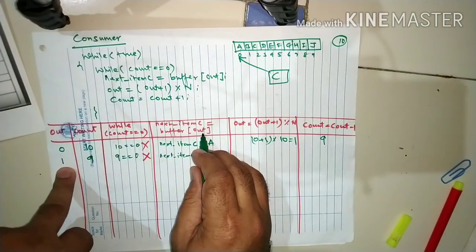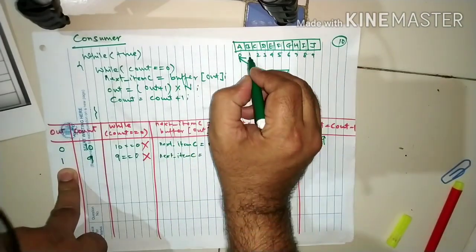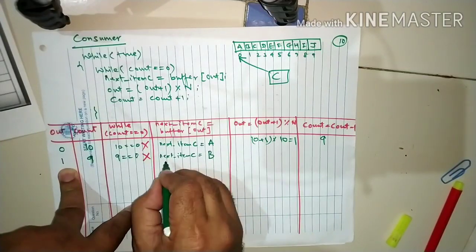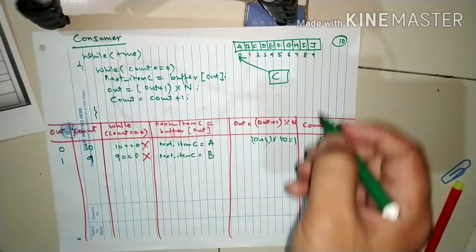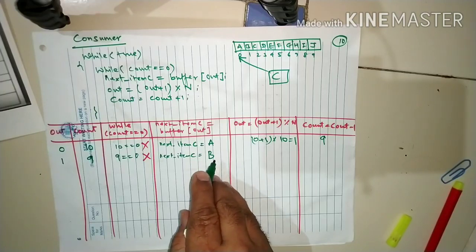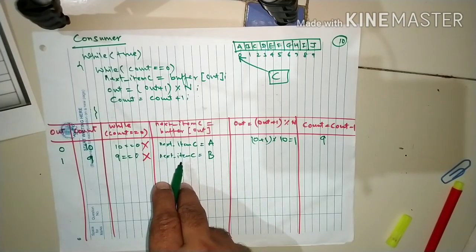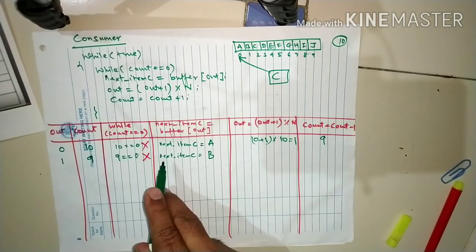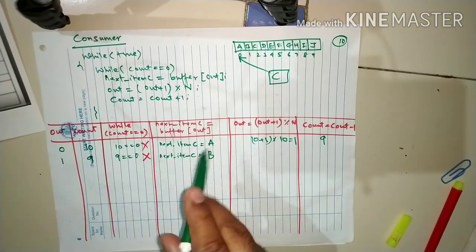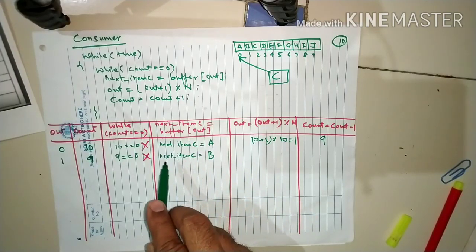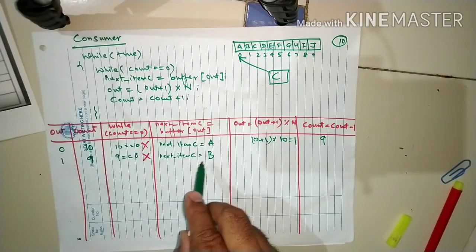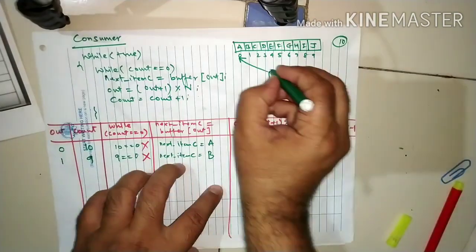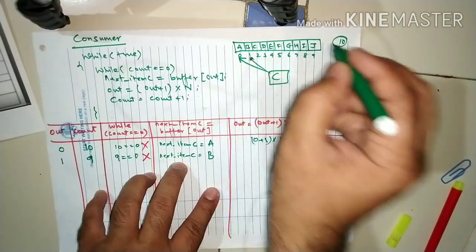Out is right now 1, so buffer of 1 means B, so the B element will be put inside the next item C. So the next item which is going to be consumed by the consumer is B. B will be stored inside the next item C variable, the variable name we have considered in the earlier sessions. Because this is the next item your consumer has to consume, B is stored in this variable. So your consumer pointed to it and consumed it.